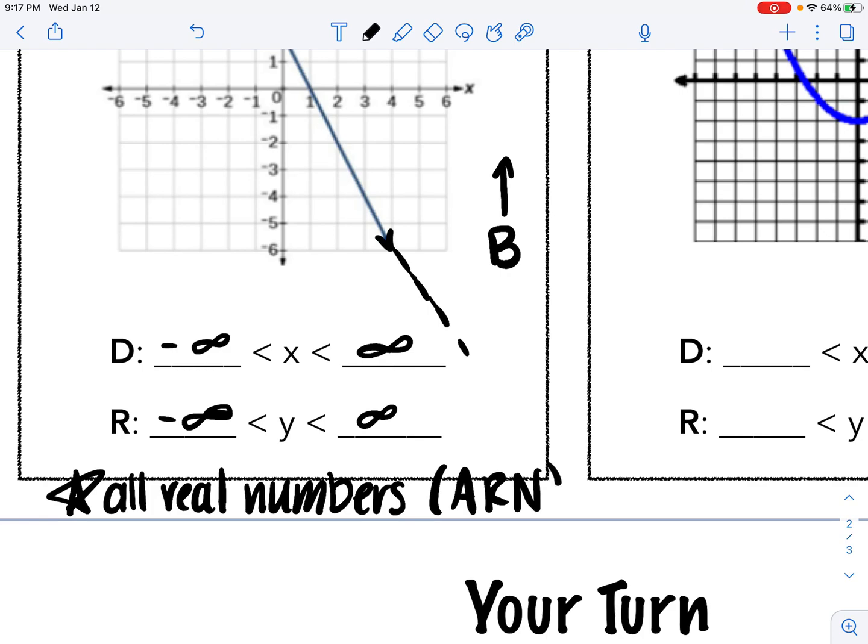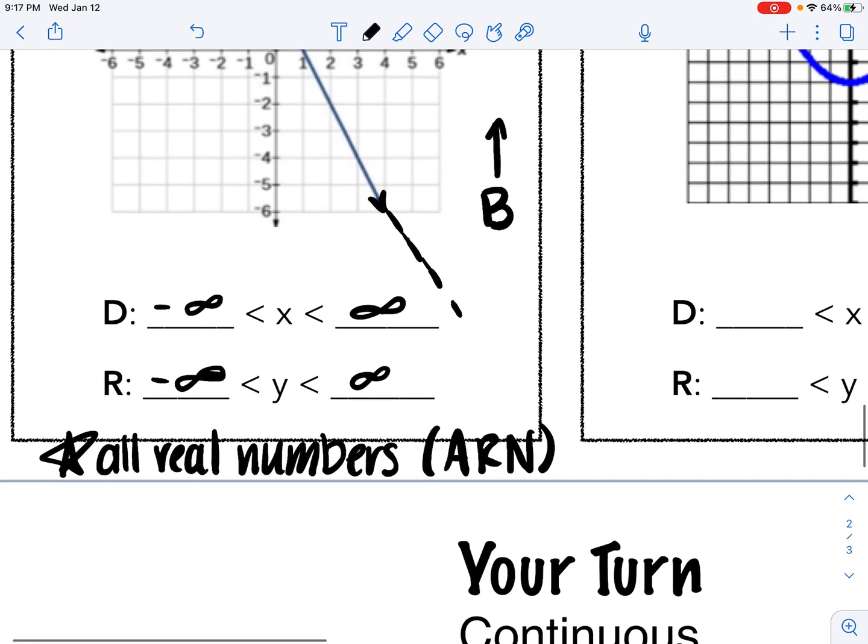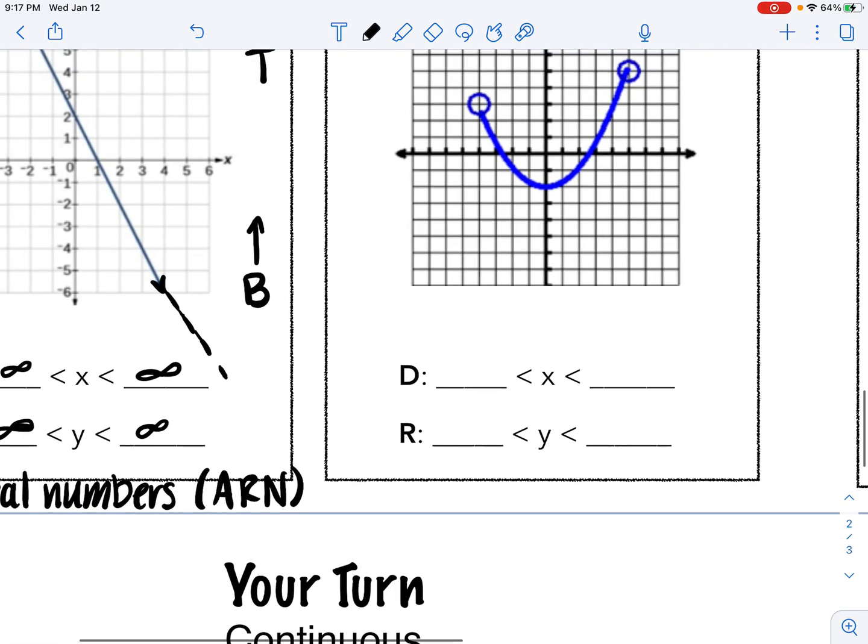Or short would be ARN. The reason why we call it this is because, for example, for domain, it is going to hit all of the numbers forever negative and forever positive. So it's going to hit all of the numbers. So you would say, hey, my domain is all real numbers and my range is all real numbers.